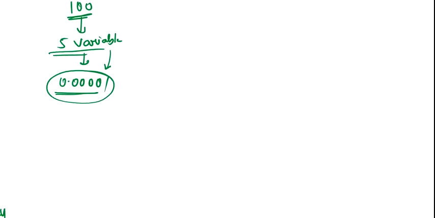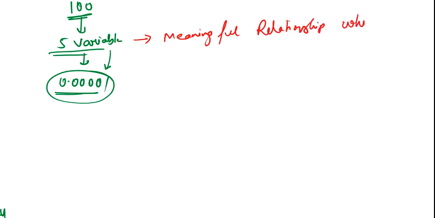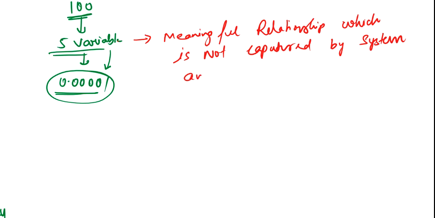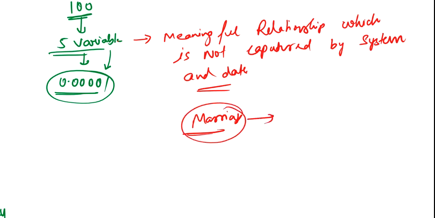Sometimes the data might not be related, but there is a meaningful relationship which is not captured by the system and data. Clear? Suppose I give you an example, marriage. The data found that marriage is nowhere related to loss given default.